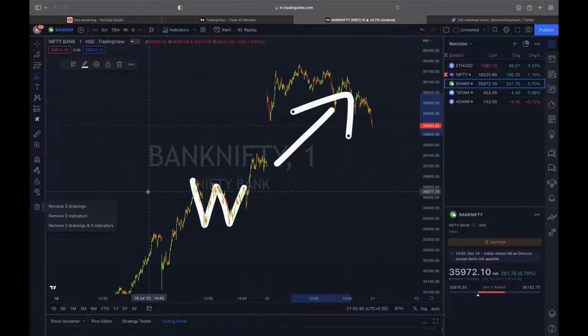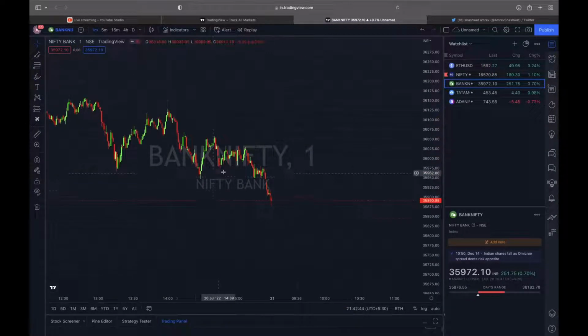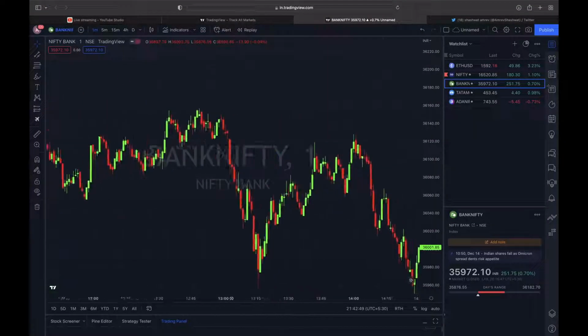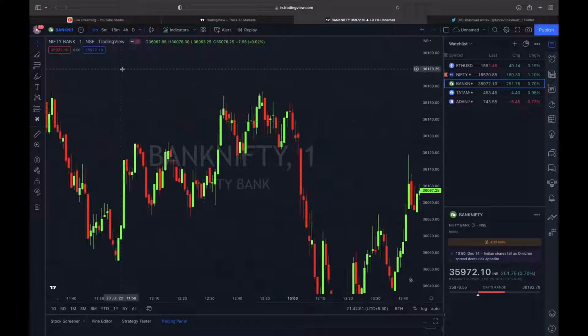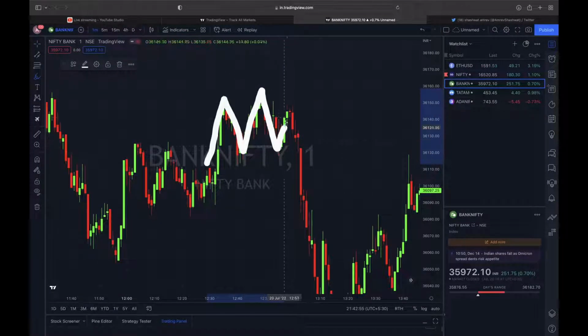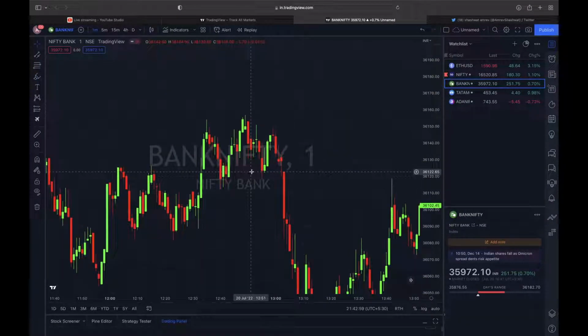Similarly for M, which is double top. Okay. See, M, can you spot? Can you spot the M, guys?